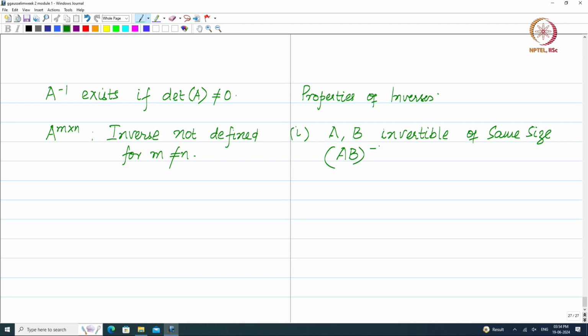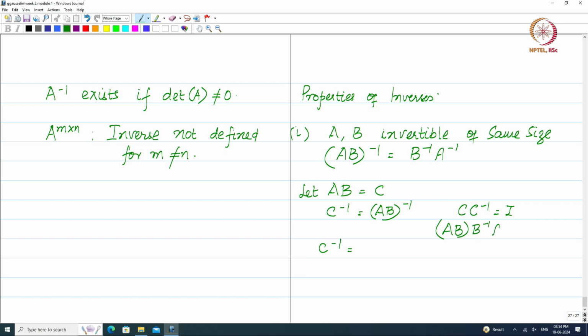Let AB be equal to C. Therefore, the inverse of the product AB is equal to the inverse of C. We know that C into C inverse is equal to I. That means, if you substitute C as AB and C inverse as B inverse into A inverse, finally it ends up in the identity matrix I. That is, A inverse into A is I, B inverse into B is I. So, I into I is I.